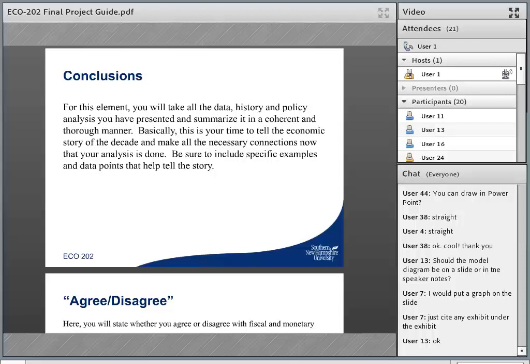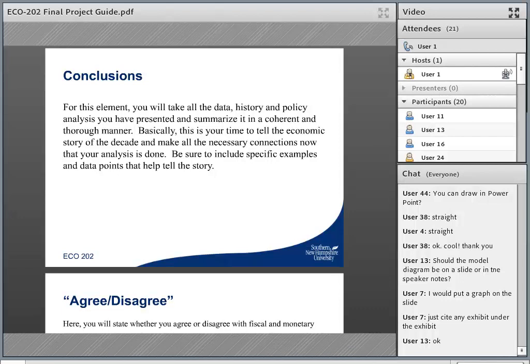Now, of course, we don't want too much text on the slide, so you want to maybe pull out a few specific data points that are helpful, maybe like, this was peak GDP or this was peak unemployment, or highlight a few events, or highlight a few policies and talk about their impact on the economy and trends in the economy. Every decade has things that are more important.